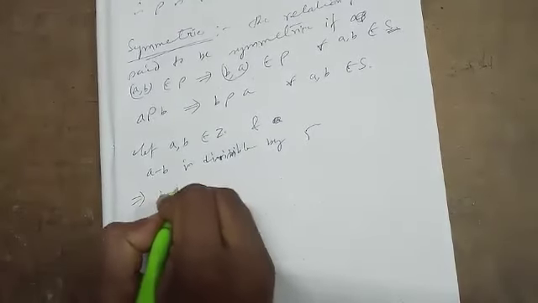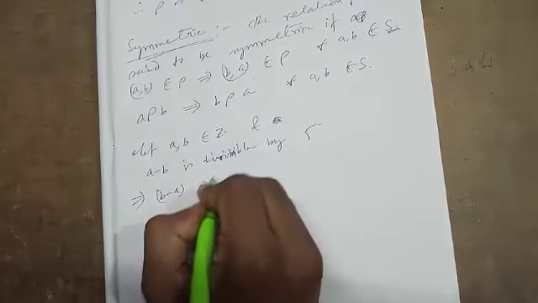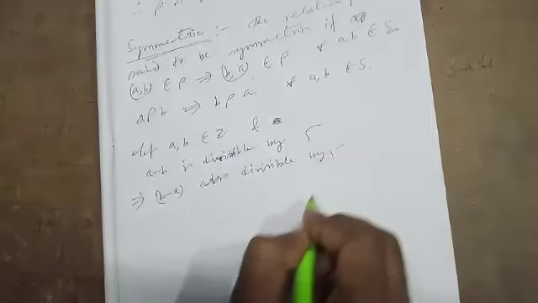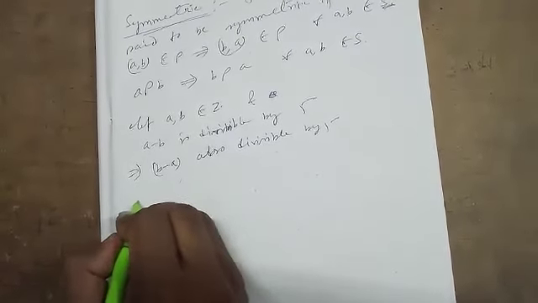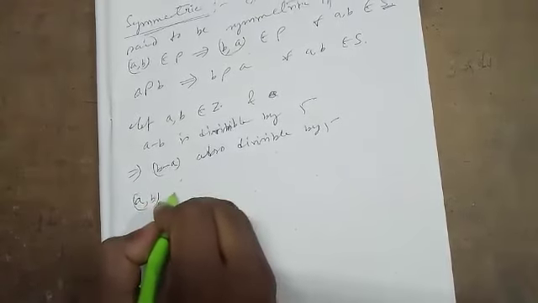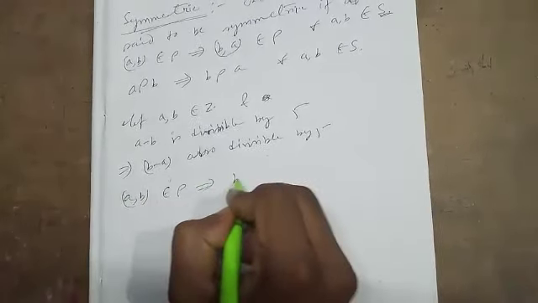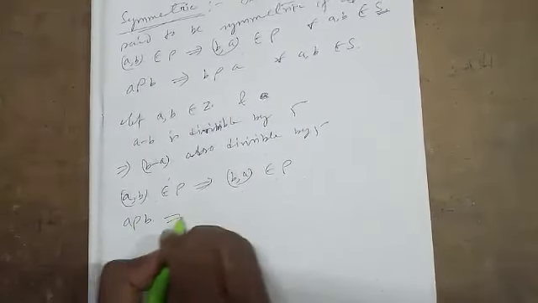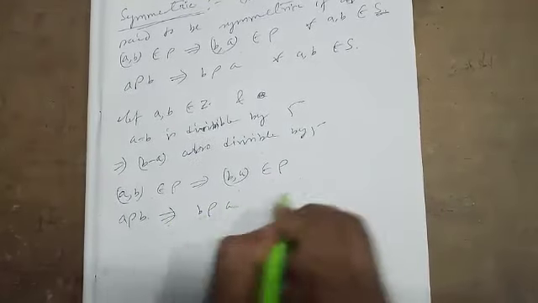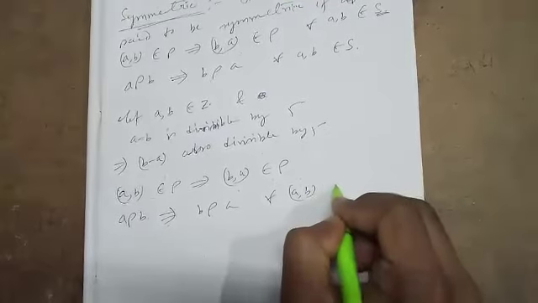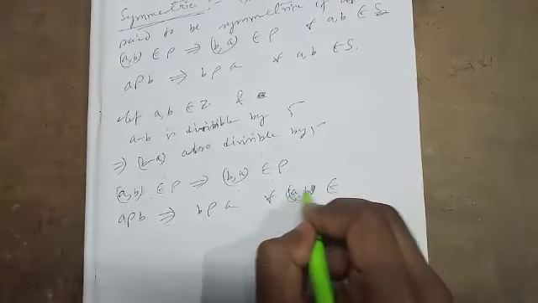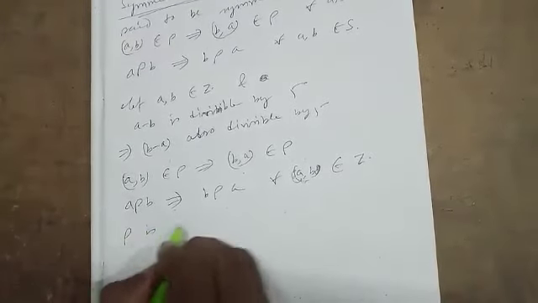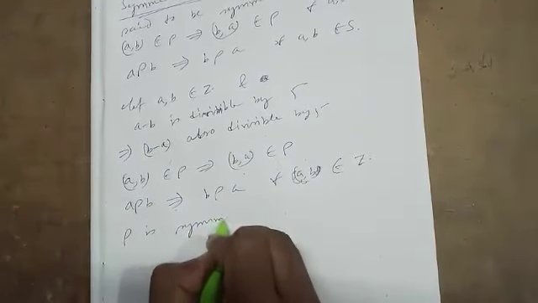Then this implies b minus a is also divisible by 5. So we can say (a, b) belongs to rho implies (b, a) belongs to rho. That means a rho b implies b rho a for all a, b belongs to Z. That means rho is a symmetric relation.